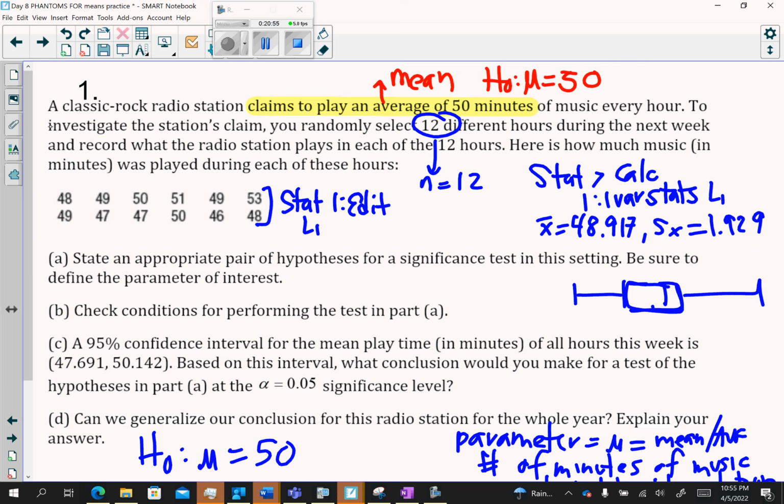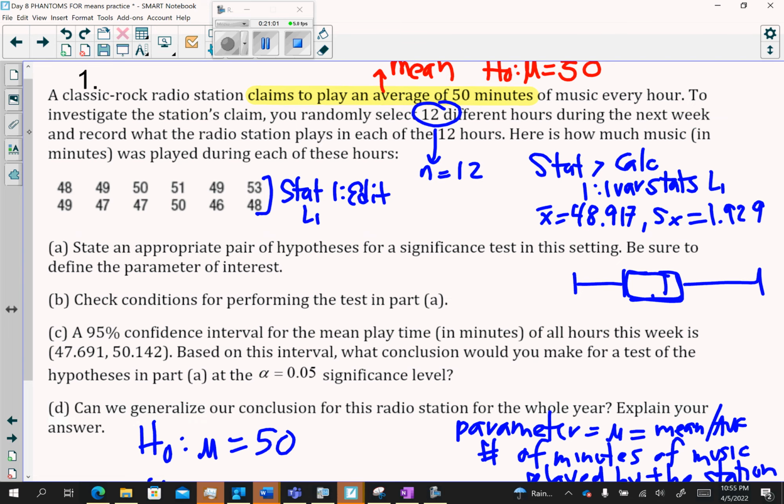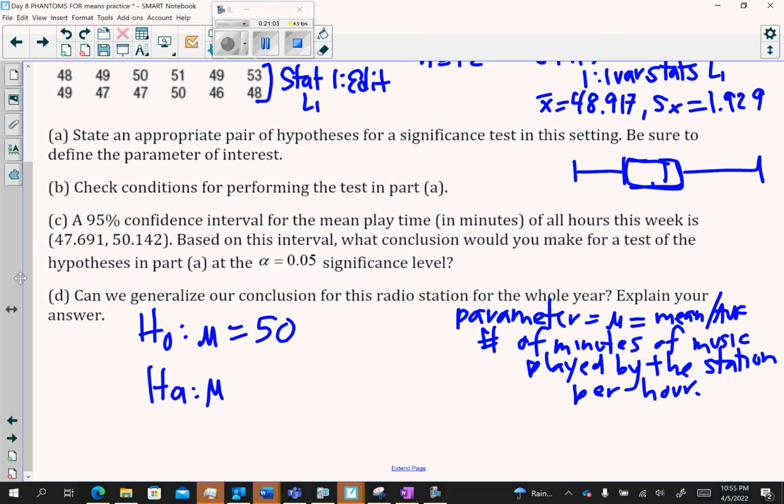It seems like they're just claiming it's 50, but you want to investigate this. So we're going to do a two-sided test, which means it just differs from 50. So the null is that it is what they're claiming, 50 minutes of music per hour, and the alternative is that it just differs from 50. Two-sided, and again, that's just because they didn't give me any indication of which direction to go in.